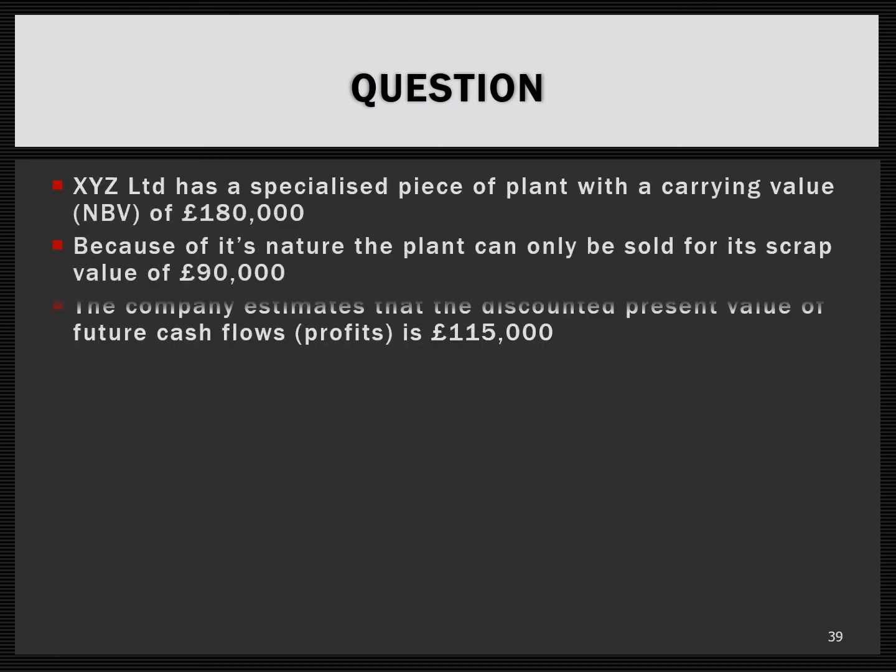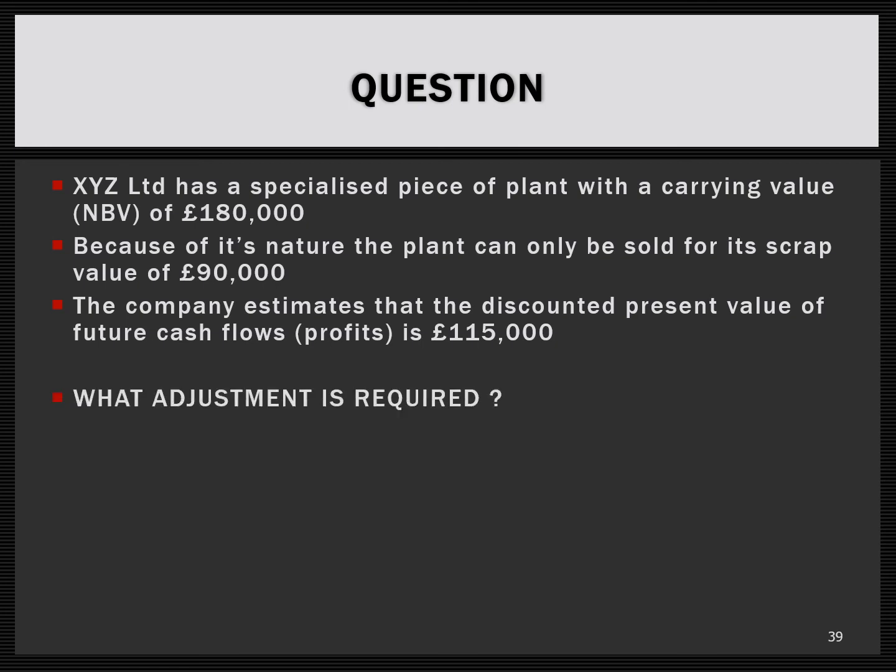Have a look at this case though. Similar piece of equipment, carrying value of 180,000, scrap value of 90,000, but this time the company only estimates that the present value of the future profits that piece of equipment is going to be responsible for generating is 115,000.